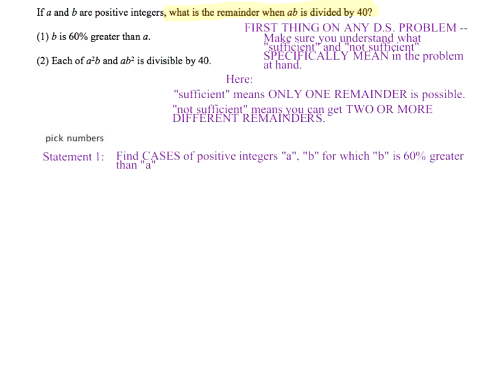Well, 60%, right? Even if you have no idea how to do this as an algebra thing, one thing you're going to realize pretty quickly if you start looking for cases is that your numbers are going to have to be multiples of 5. Making the fraction connection here will help you.